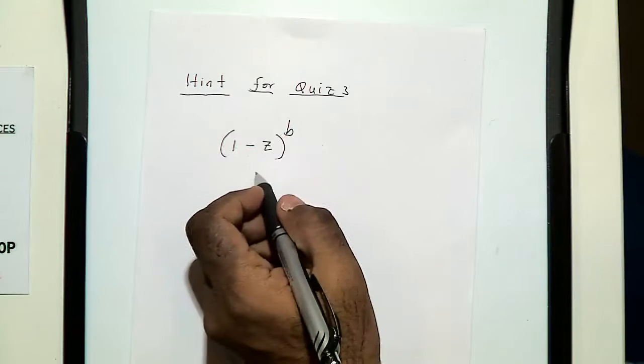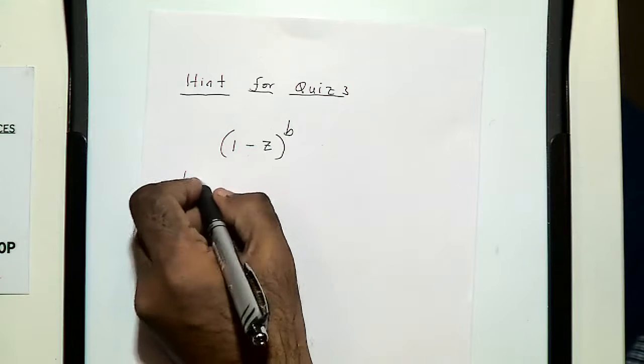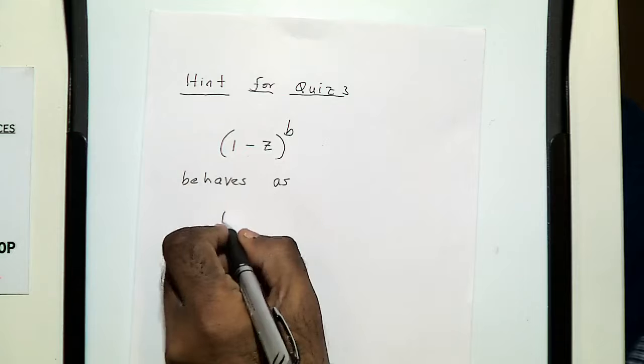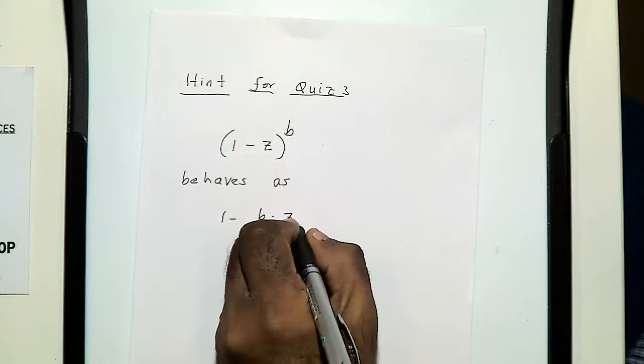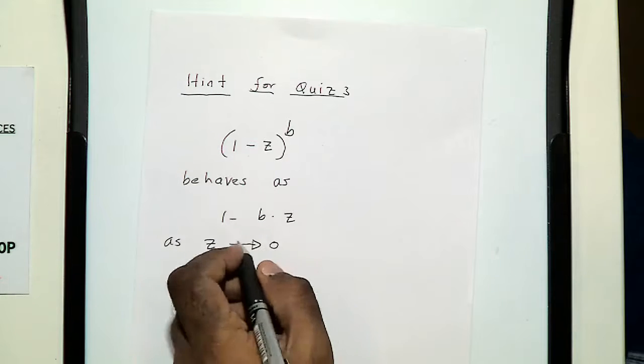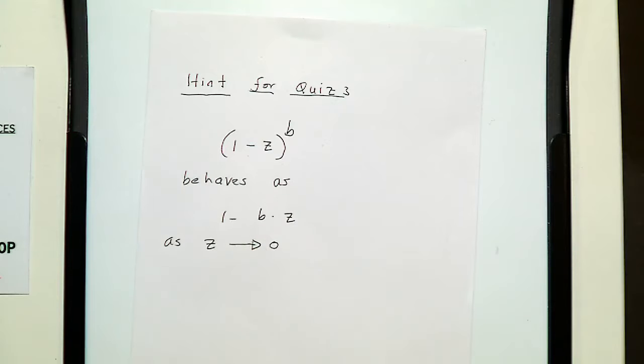If you have 1 minus z, then this behaves as 1 minus b times z as z approaches 0. So if you have z approaching 0, you can use this fact to do quiz 3.